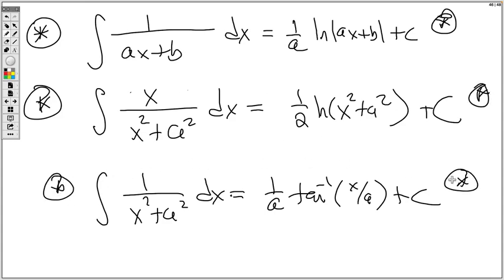And the reason why these are going to come up often is because if you look at the form of the substitution, and I guess also power rule, stuff like this will happen a lot too.